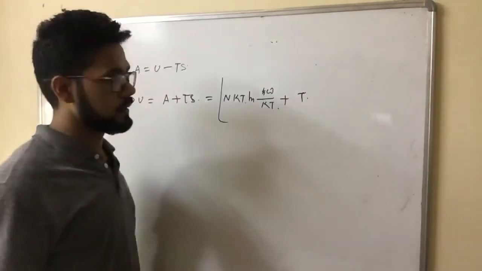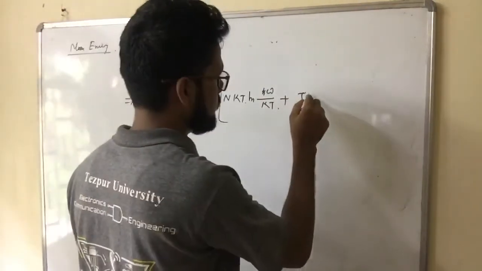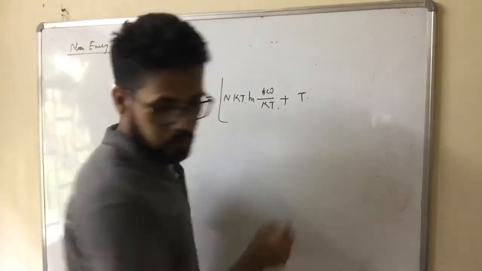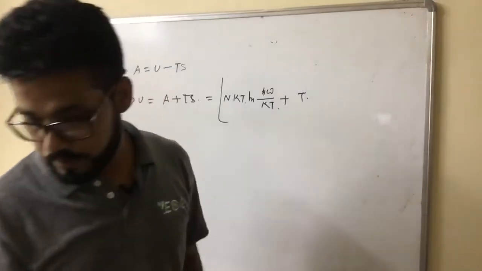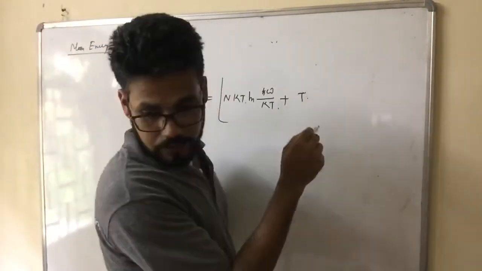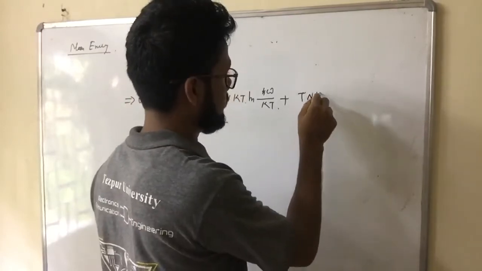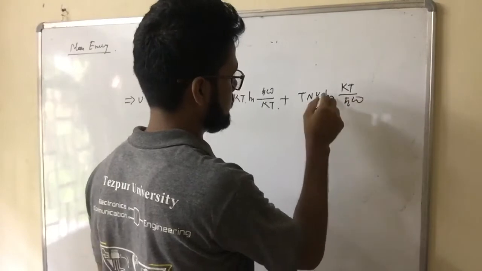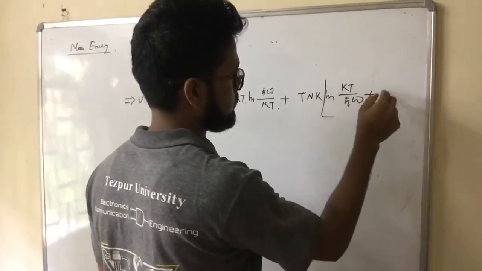I have already taken out entropy equal to NK ln KT by h cos omega plus 1.